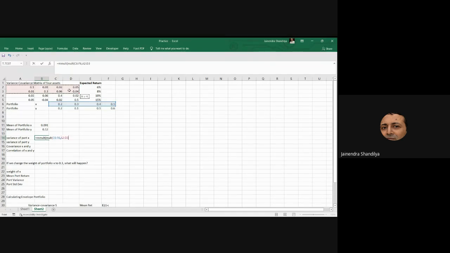Then we'll select this. And then we have to use transpose of this. So you have to use one bracket at the end.